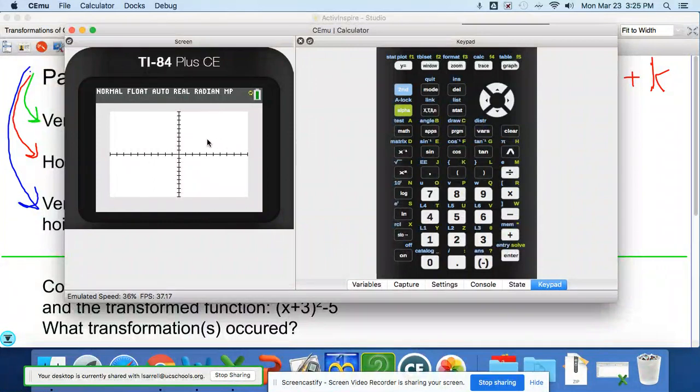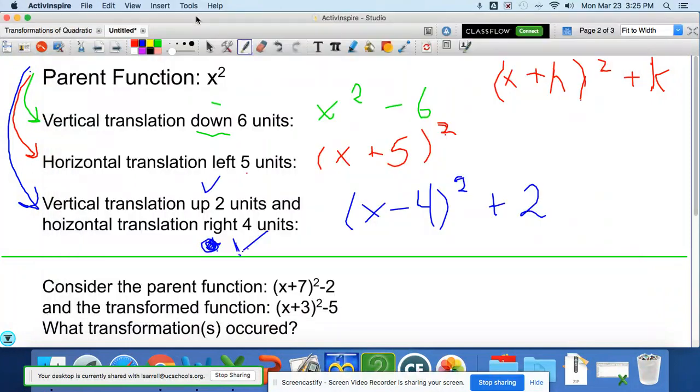So here's my parent function coming in right here, and we want it to go up 2 and right 1, 2, 3, 4. Let's see if it comes in right there. Now, you don't have your graphing calculator at home, but Desmos is even faster and easier to do this with. And so you'll see we went up 2 and right 4, which means our answer is correct. Great way to check these is Desmos.